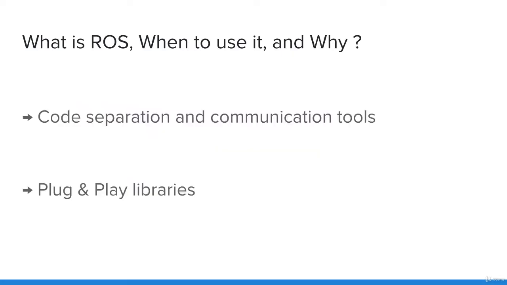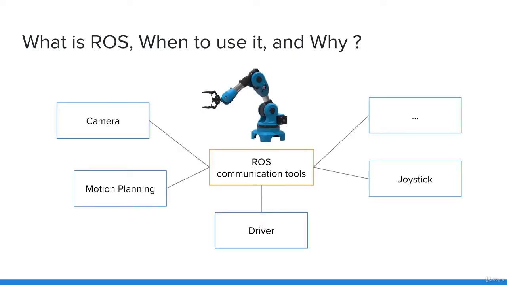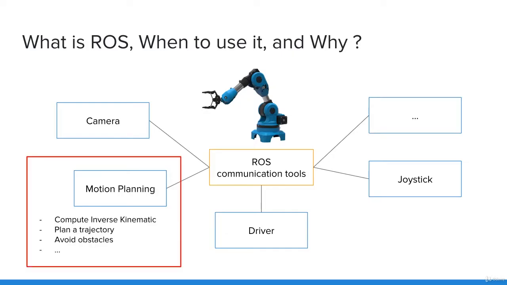The second main point is that ROS provides you with many plug-and-play libraries that will save you a huge amount of time, and most importantly, that will prevent you from reinventing the wheel. If we come back to the robotic arm, imagine how difficult it can be to compute the inverse kinematics for the arm, to plan a trajectory which will make the arm move smoothly and avoid any obstacle on the way.